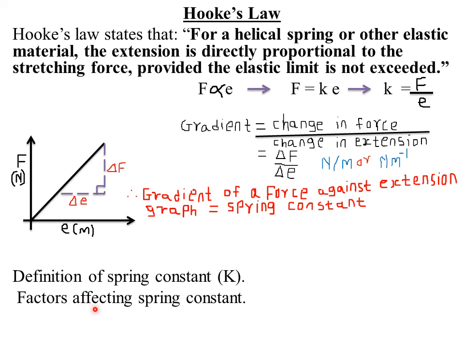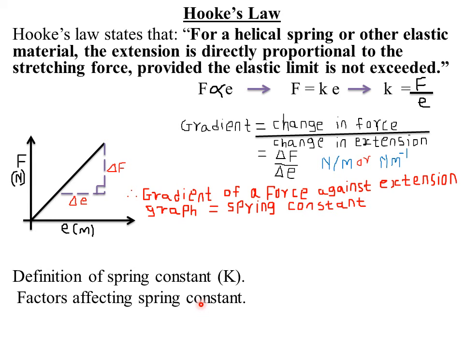We also have a few factors which affect the spring constant. The first factor is the material of the spring. The second factor is the cross-sectional area of the spring. The third factor is the thickness of the wire used to make the spring. The fourth factor is the length of the spring. Then the last factor is the number of turns per unit length.